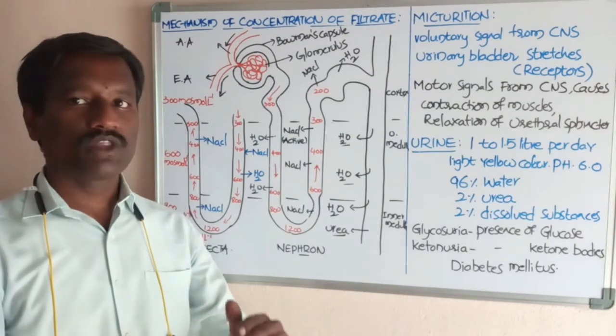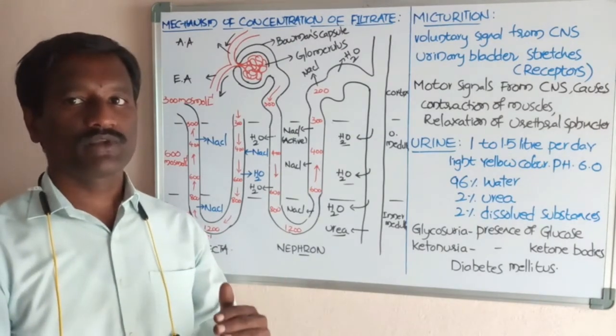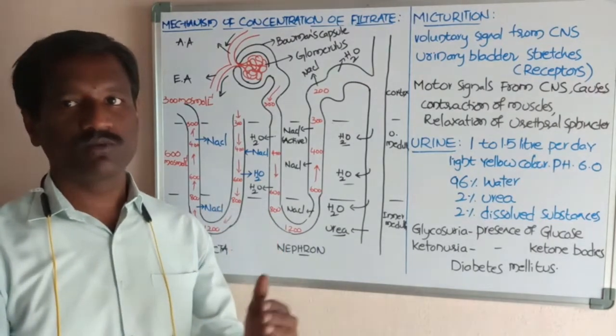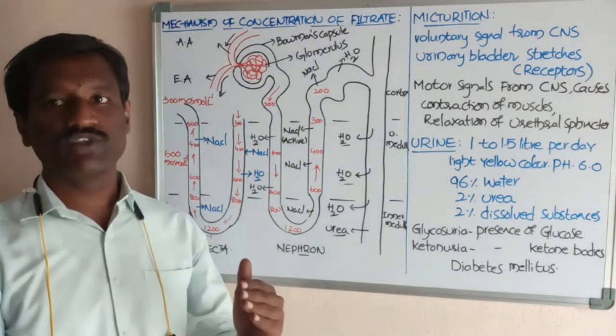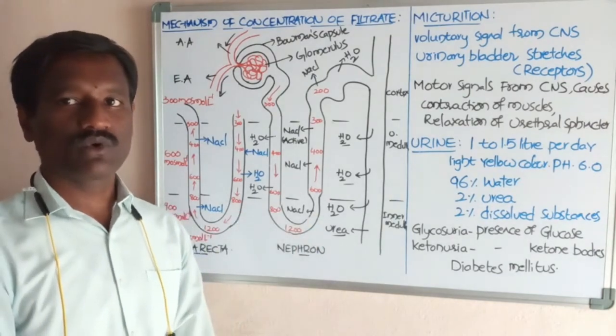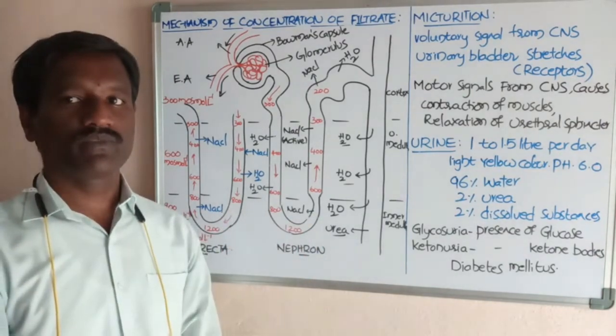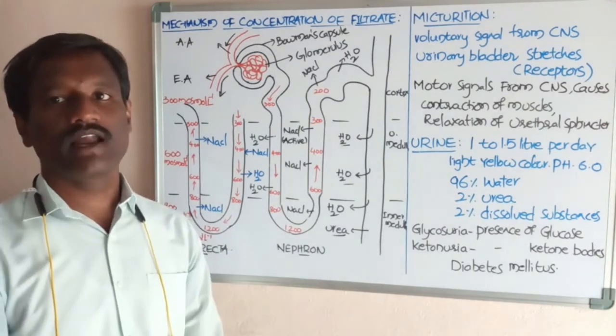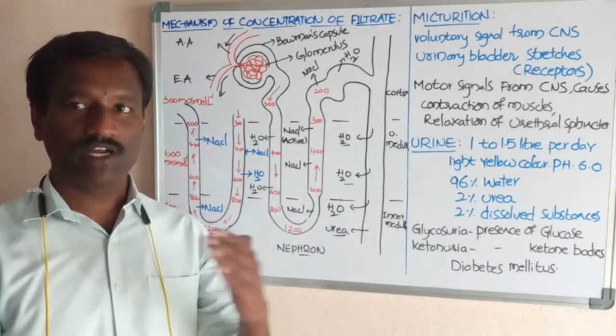Now the smooth muscles present in the wall of the urinary bladder contract and cause the simultaneous relaxation of the urethral sphincters.